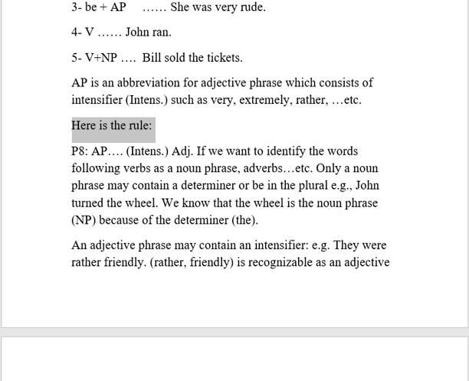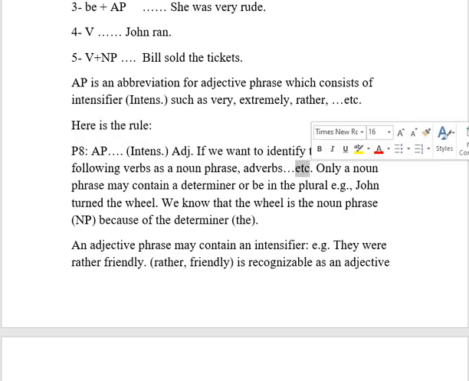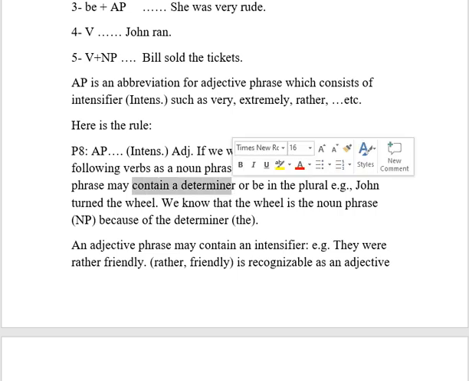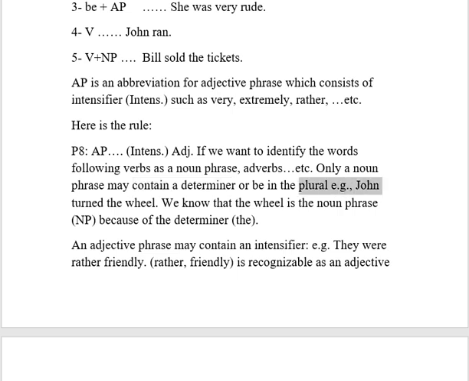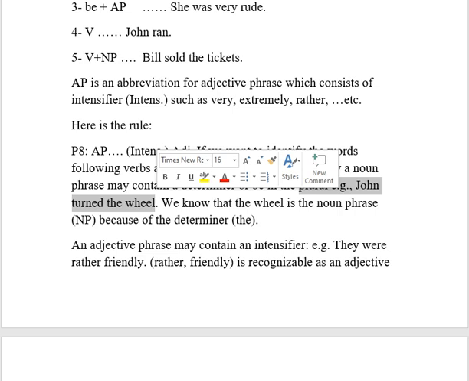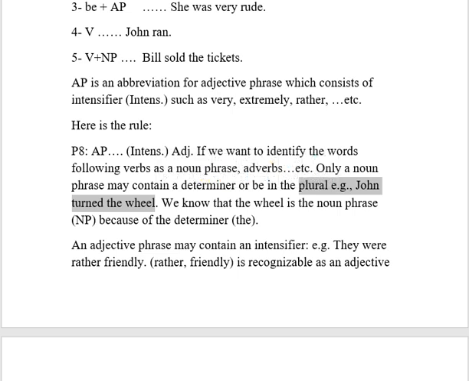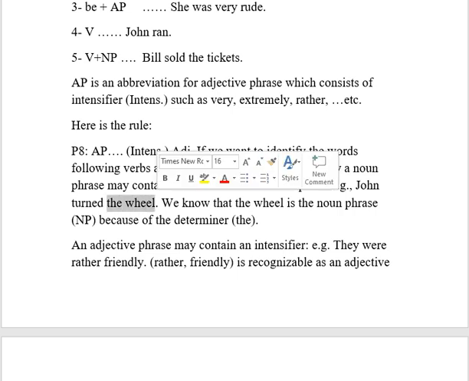If we want to identify the words following verbs as a noun phrase, adverbs, etc., only a noun phrase may contain a determiner or be in the plural. For example, John turned the wheel. We know that the wheel is a noun phrase because of the determiner there. Why do we say it is a noun phrase?